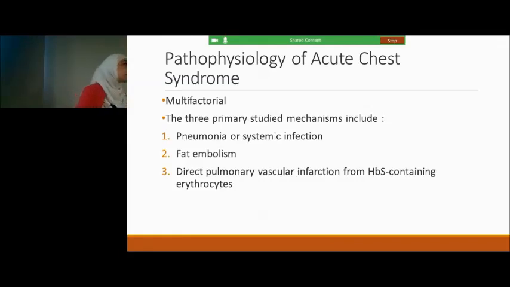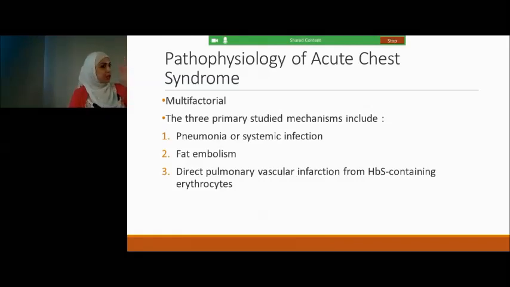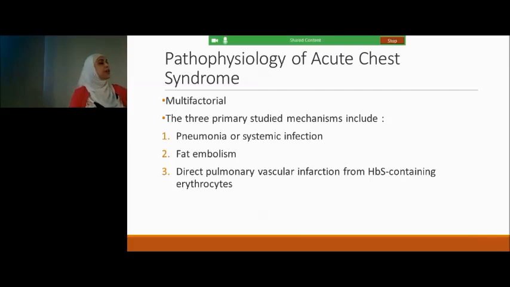Of course, it's multifactorial, and they can be integrated together, and we'll take a look at the vicious circle when one of them actually triggers the others, but we'll go over each one separately. So the most common, obviously, is infection, and then we have fat embolism from the bone marrow, and finally, direct pulmonary vascular embolization by the abnormal sickle cells.